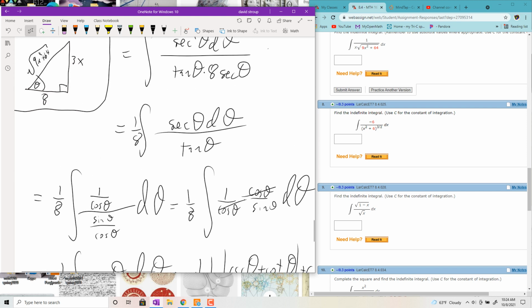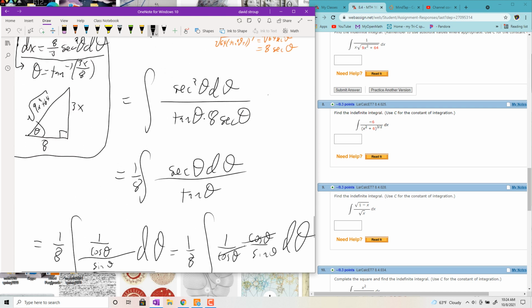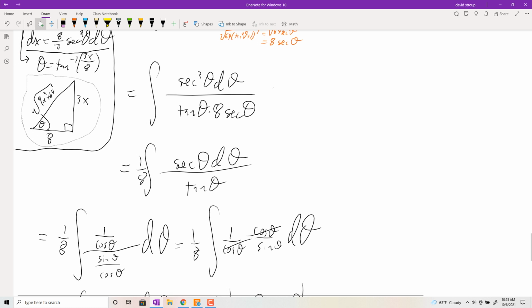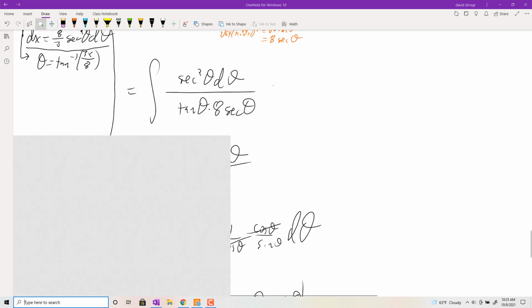Then I need my triangle again. So if you don't mind, I'm going to just copy this triangle and bring it down a little bit. Move down. Oh, you.